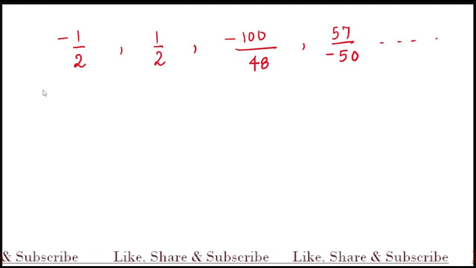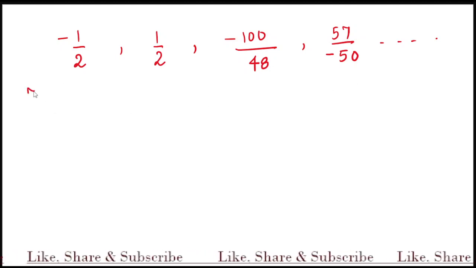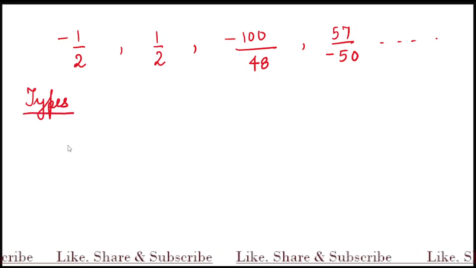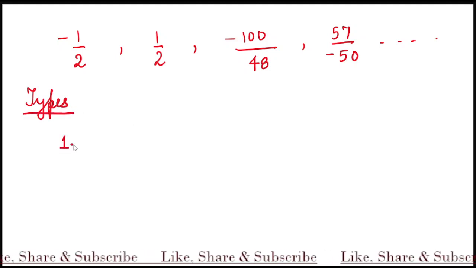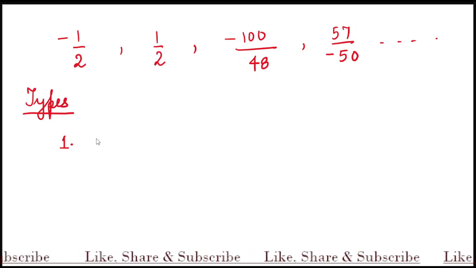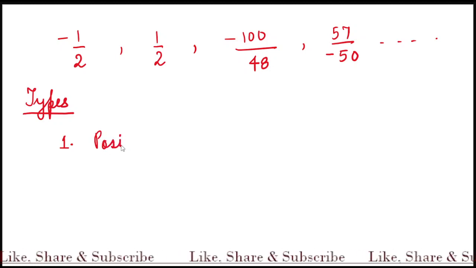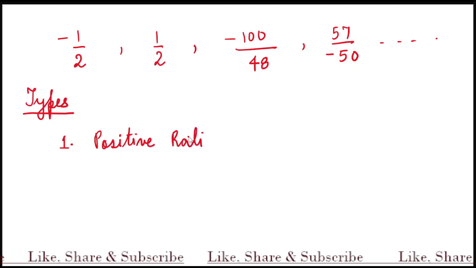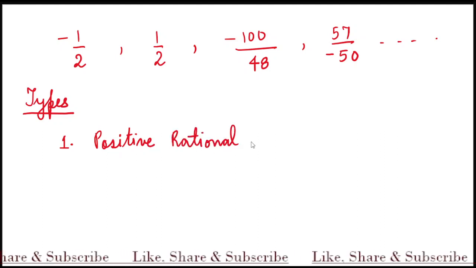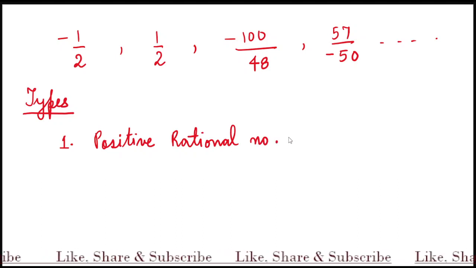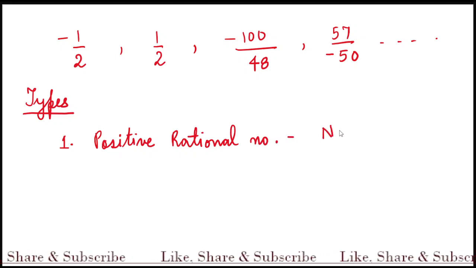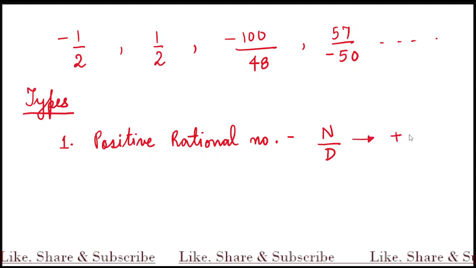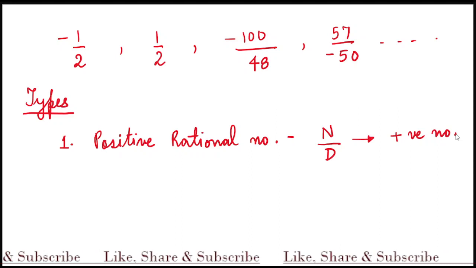Now there are two types of rational numbers. First are positive rational numbers. By the name itself, it is very clear that both the numerator and the denominator are going to be positive numbers, correct?